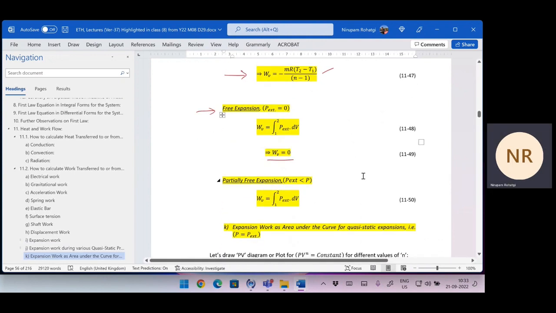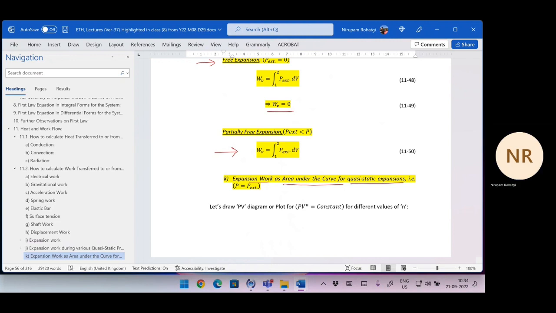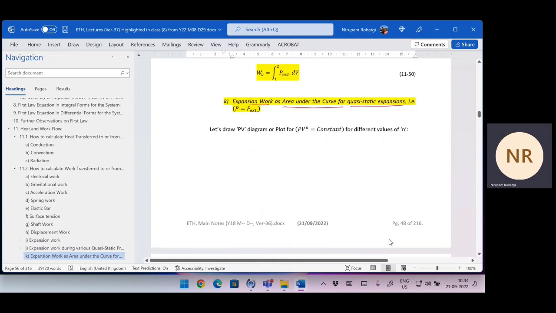Then partially free expansion, I have already explained in detail. Now there is one more thing, that you can understand expansion work as the area under the curve. Now for that again, it should be quasi-static expansion, because we are talking about PdV.